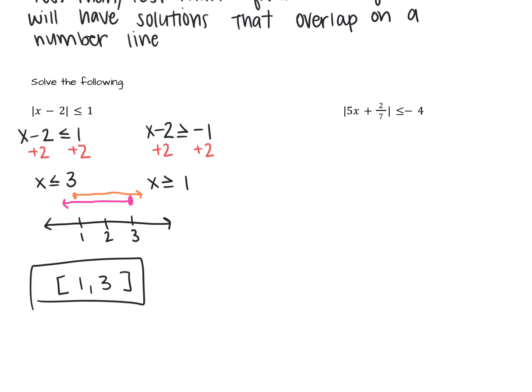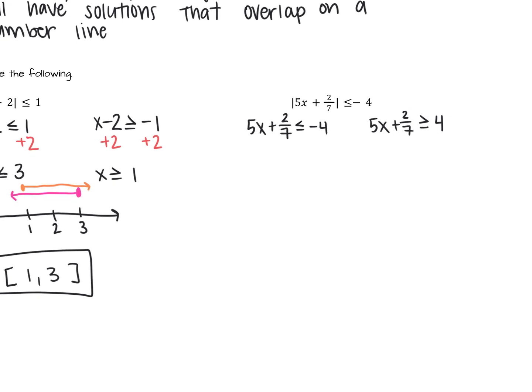For my second example, I have the absolute value of 5x plus 2/7 is less than or equal to negative 4. When I set up my two inequalities, we'll have 5x plus 2/7 is less than or equal to negative 4, and our second one will be 5x plus 2/7 is greater than or equal to 4.